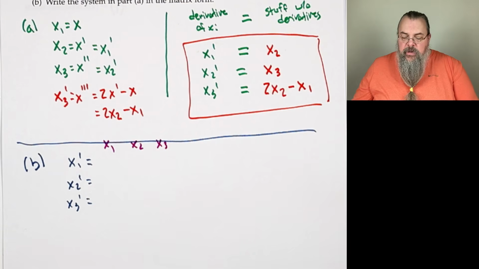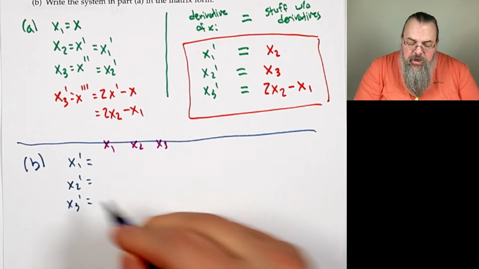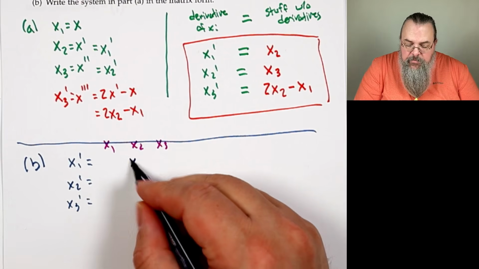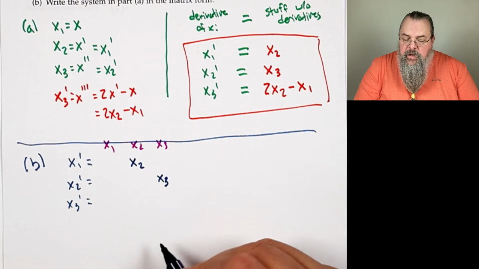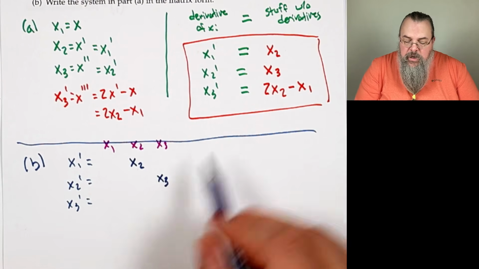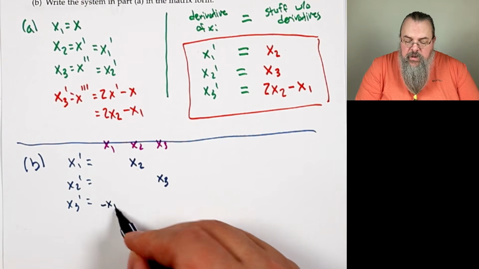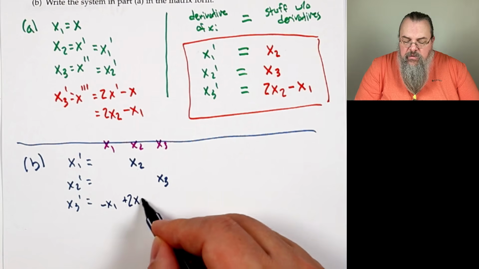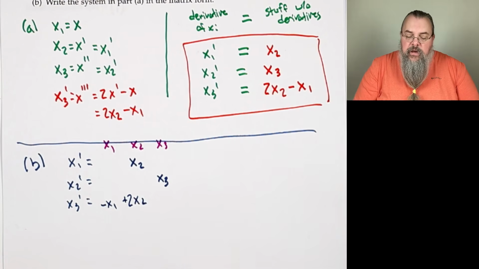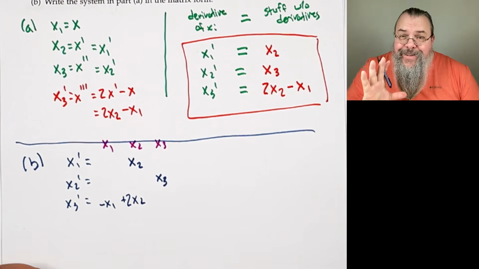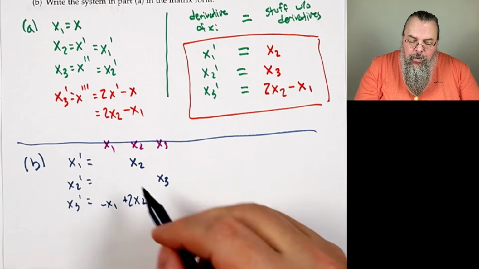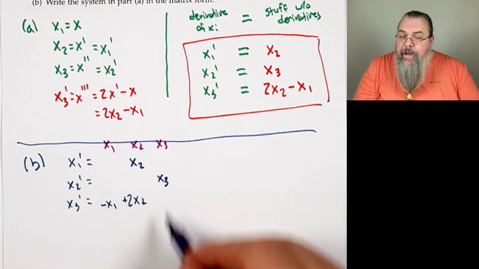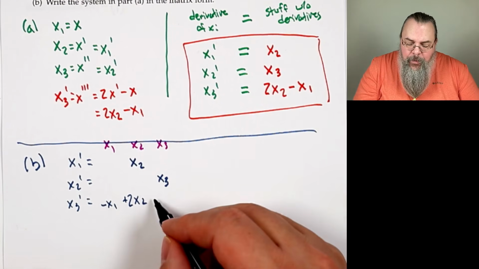So what do we have? x1 prime just has a single x2 term. x2 prime has an x3 term. And x3 prime has a minus x1 plus a 2x2. Now, just to really lean into this, you might say there's a lot of white space.